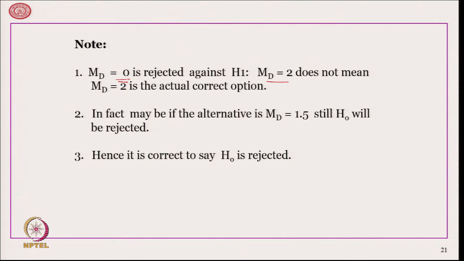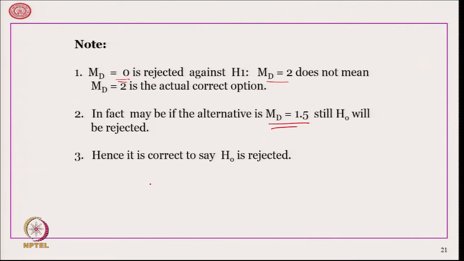In fact, instead of 2, if we are testing against say m d is equal to 1.5 or say m d is equal to 2.25, we may find that we are still rejecting m d is equal to 0 against the corresponding alternative. Therefore, rejecting a null hypothesis does not mean that the alternative is true.